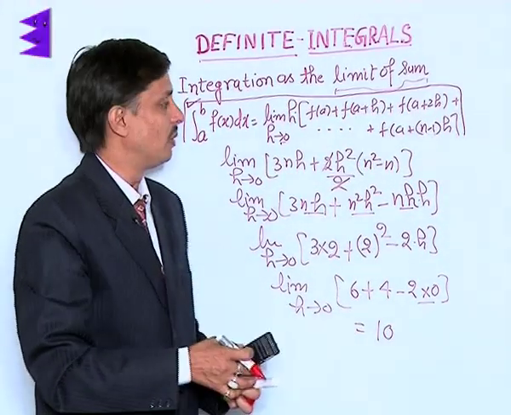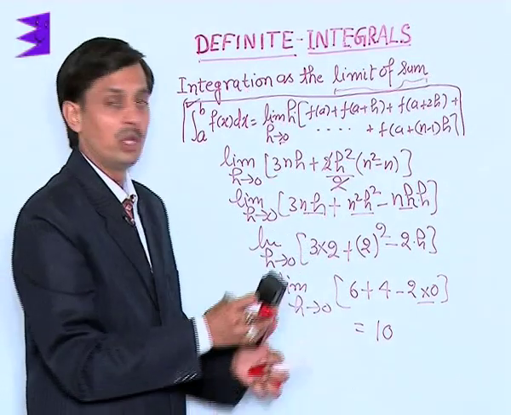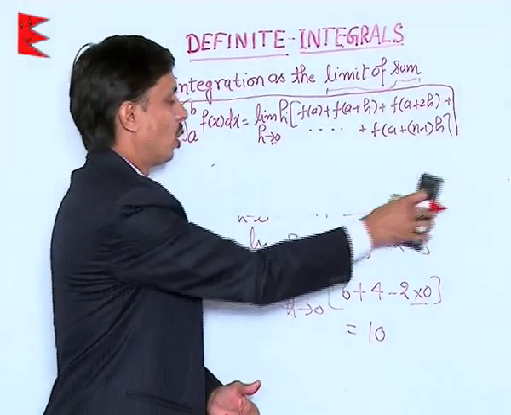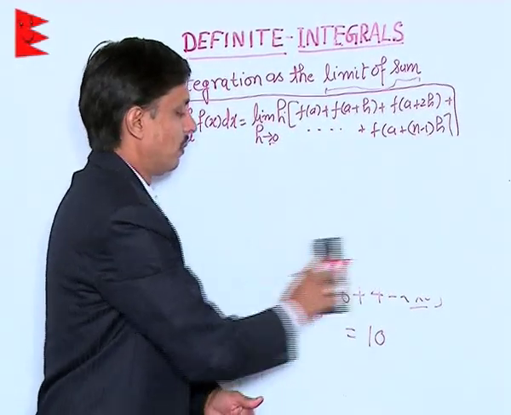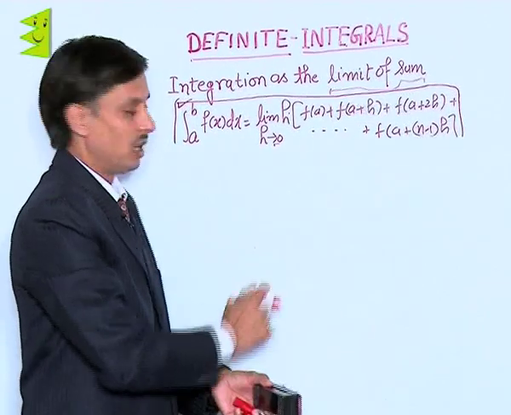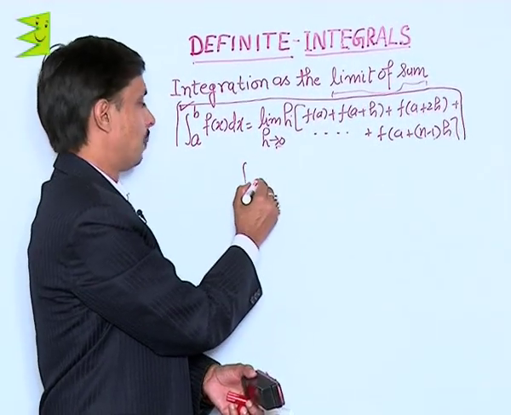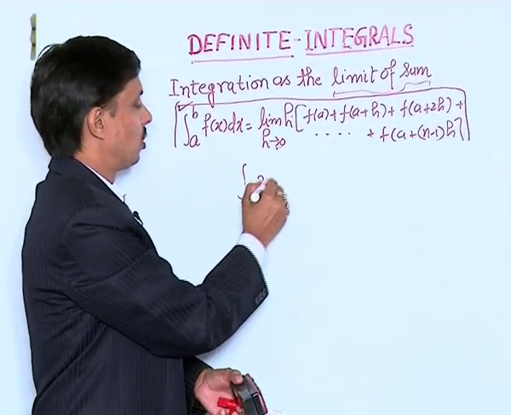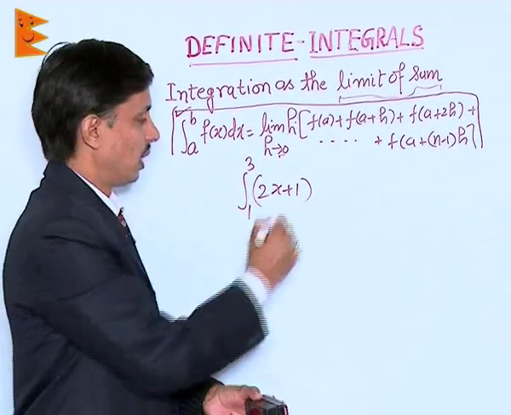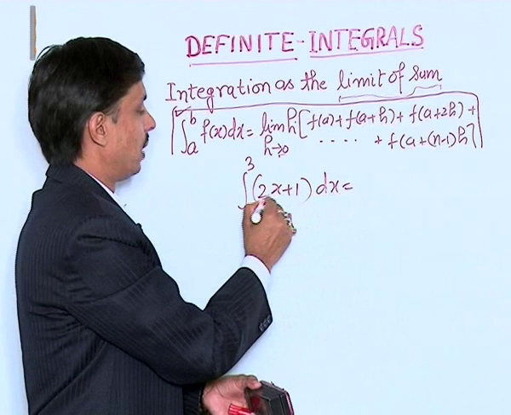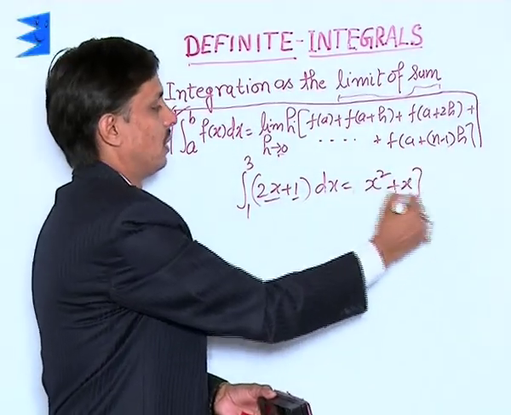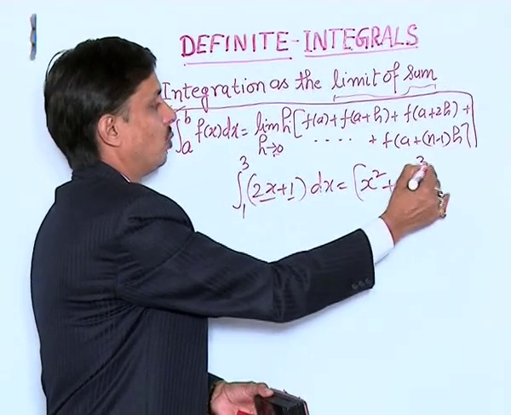But the same can be verified without using the limit as sum. We will apply this rule only if the problem or instructions are given to use limit as sum. Same question, very simple. It was the integral of 2x plus 1 from 1 to 3 dx. The derivative of this is x square, the derivative of 1 is x, and limits are from 1 to 3.